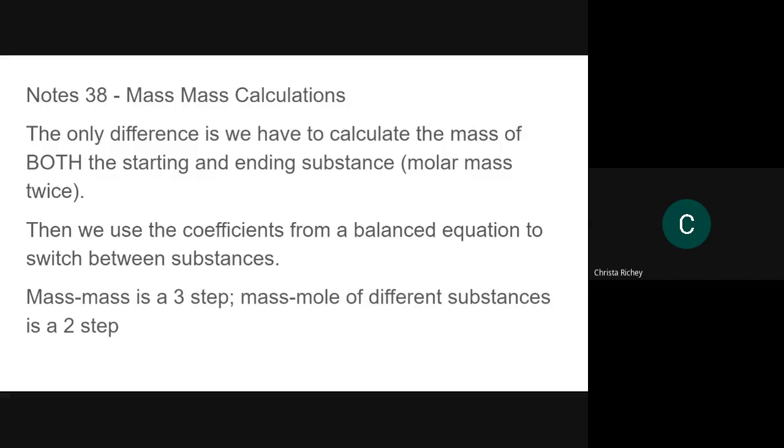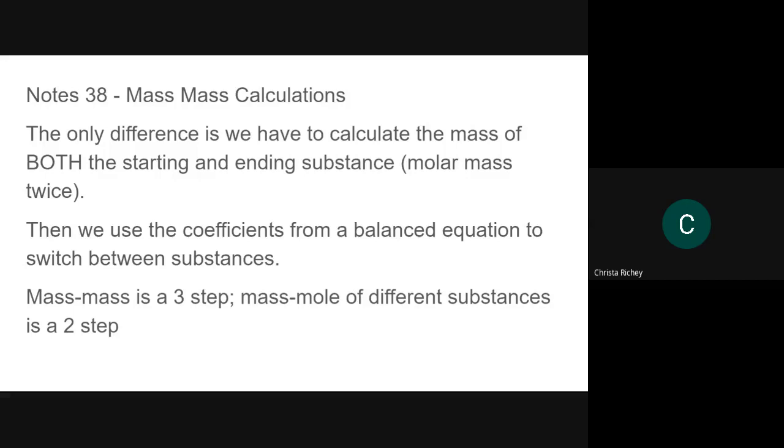I don't know what the compound is yet. These are ones. This is balanced equation, periodic table. This is how much you're starting with. Same thing, over and over.